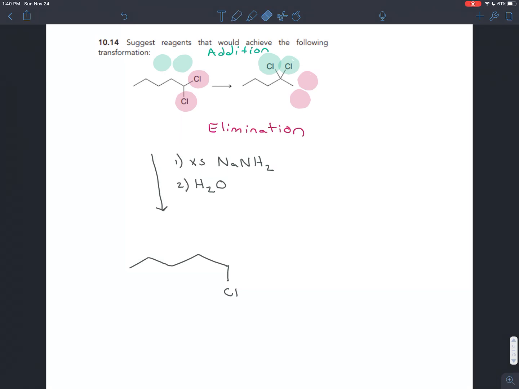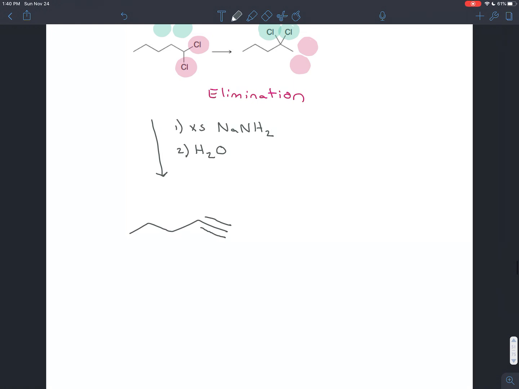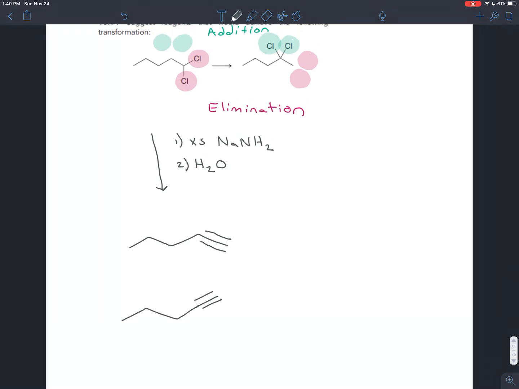So after the first elimination, you create 1 pi bond. After the second elimination, you create a second pi bond. Now we have to redraw this because this is not linear, and these alkynes are linear. So that would really be our product there.